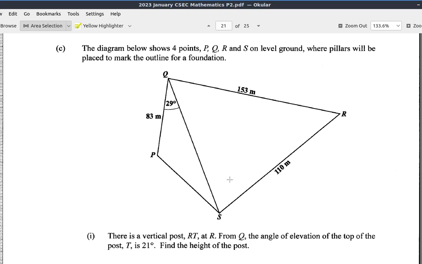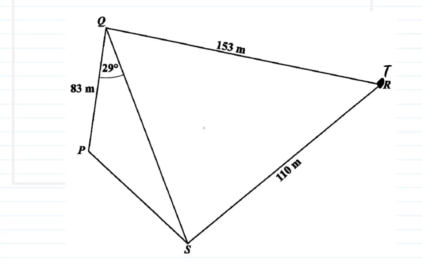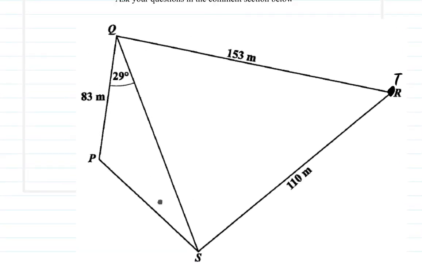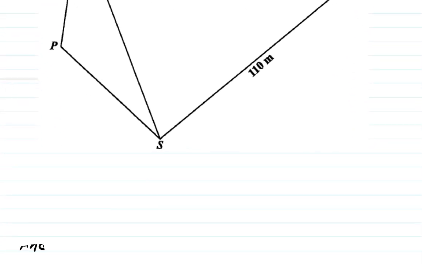Now it says from Q, the angle of elevation of the top of the post T is 21 degrees. Find the height of the post. Alright, the angle of elevation is 21 degrees. But let me see something. If I could draw, I'll try my hand at a little three-dimensional drawing.